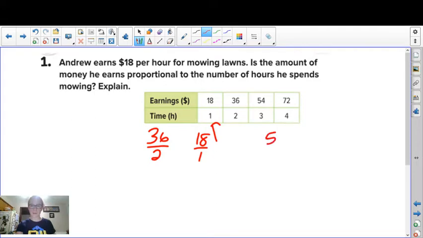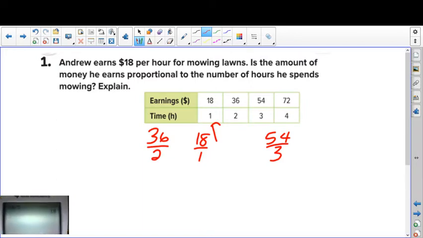So what about $54 for 3 hours? Well, if I grab my handy dandy calculator, I can see that 54 divided by 3 does give me 18.